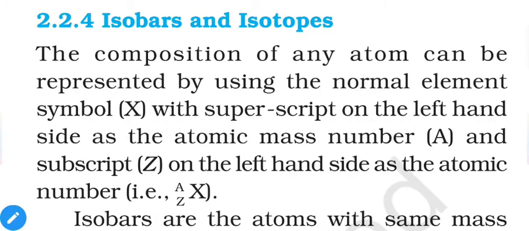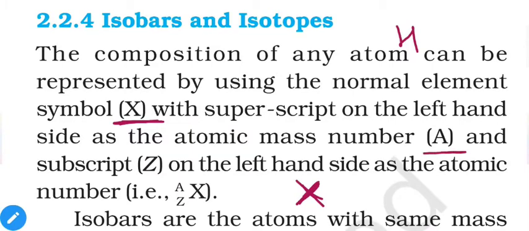So what it means, suppose the symbol of an element is X, as for example the symbol of hydrogen is H. So the symbol of the element is directly used, and X is the symbol in this case.